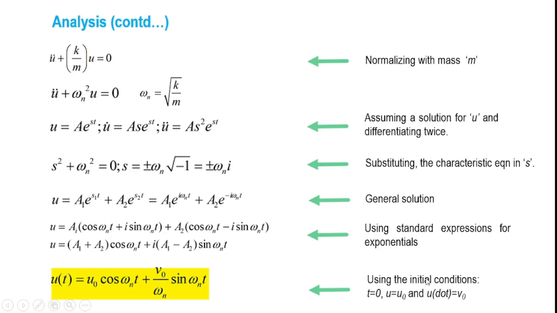Now let us substitute the initial conditions. At time t equal to 0, the displacement u is equal to u0, and again at time t equal to 0, the velocity u dot is v0.